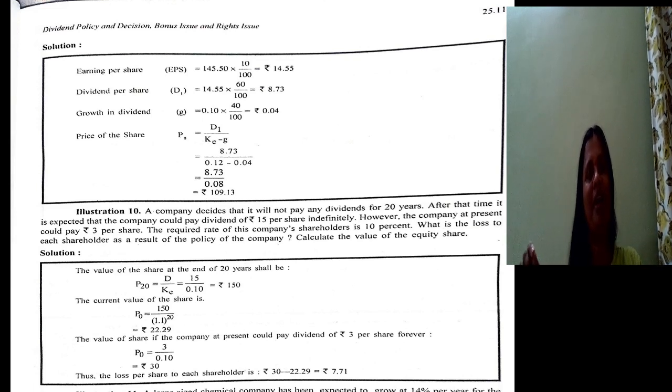So 3 divided by KE minus G, there is no growth rate, so that is 0. So price will become 30. So because of paying 3 rupees dividend, what is the loss to the shareholder? 30 minus 22.29, answer is 7.71 rupees.